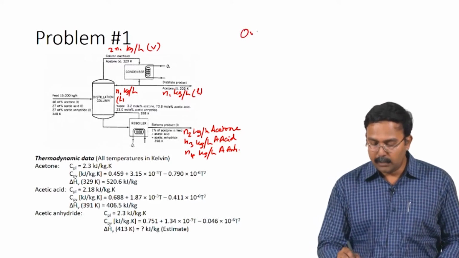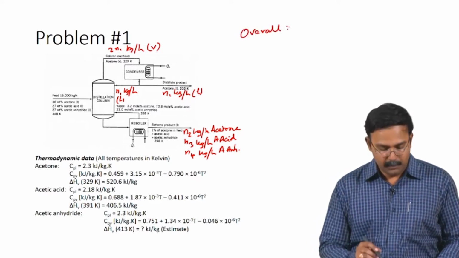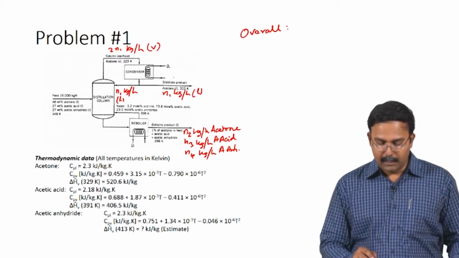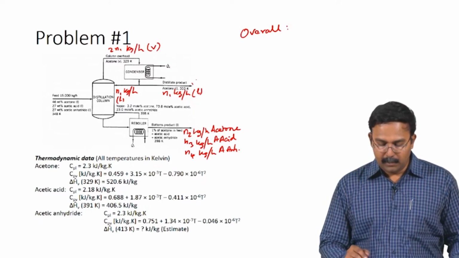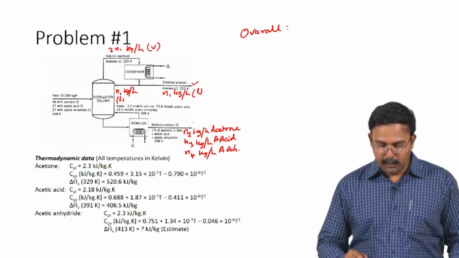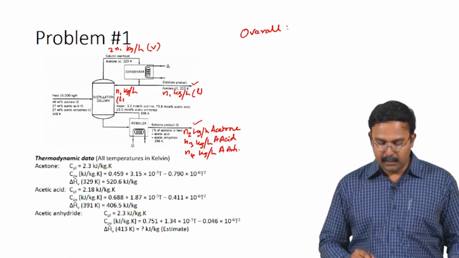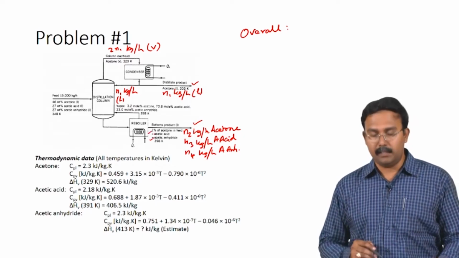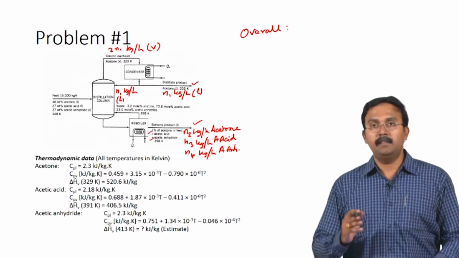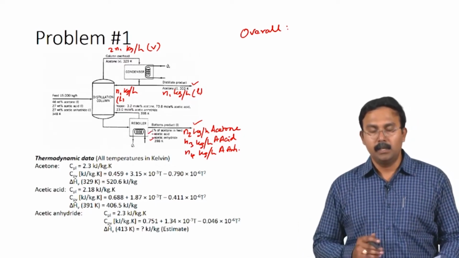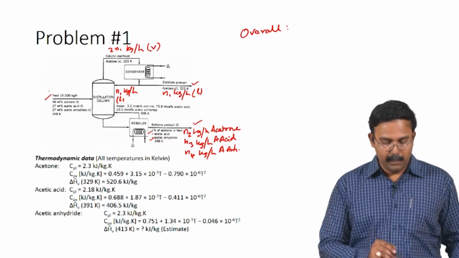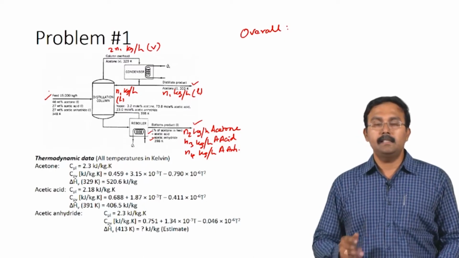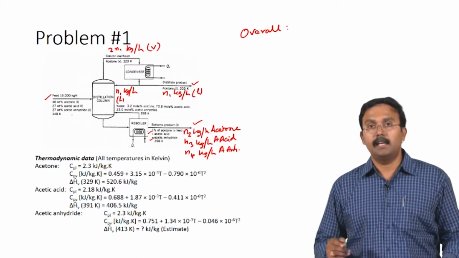The overall system has acetone liquid at 303 Kelvin, acetone liquid at 398 Kelvin, and acetic acid and acetic anhydride at 398 Kelvin leaving the system, and an inlet stream of acetone, acetic acid and acetic anhydride liquids entering at 348 Kelvin.